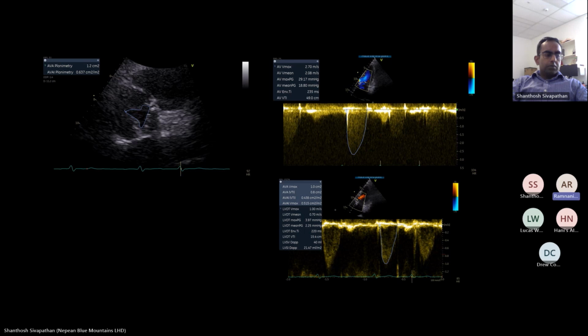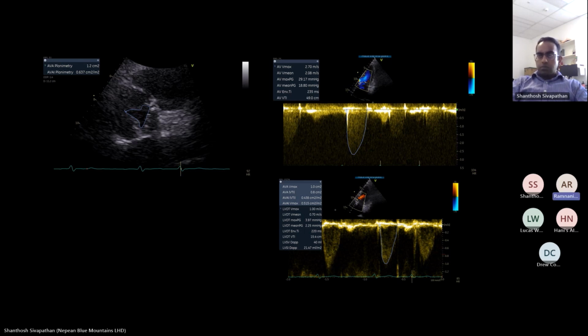Off the top of my head, they come in the mild category as well. And the aortic valve VTI is 49, which I'll keep in mind. Going down to the LVOT VTI, bearing in mind it is pulse wave, not continuous wave, the ratio is almost 0.33 or 0.35.